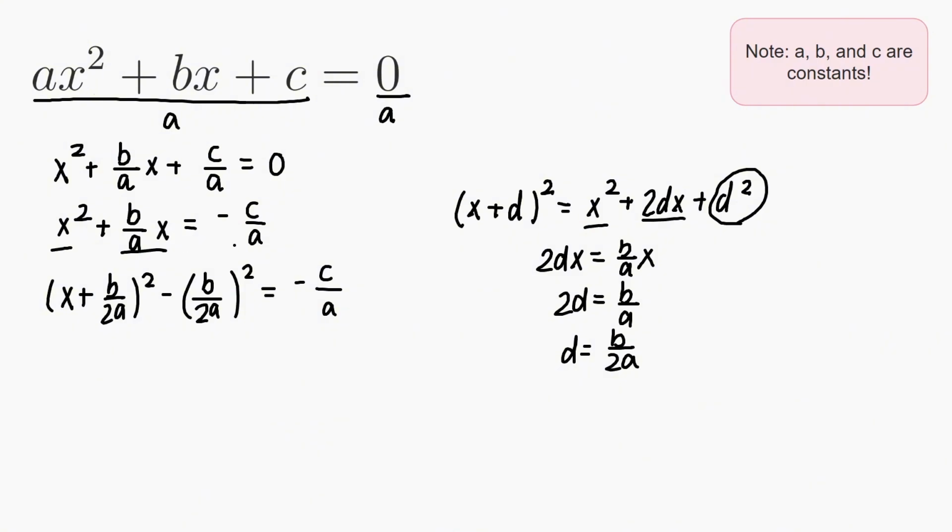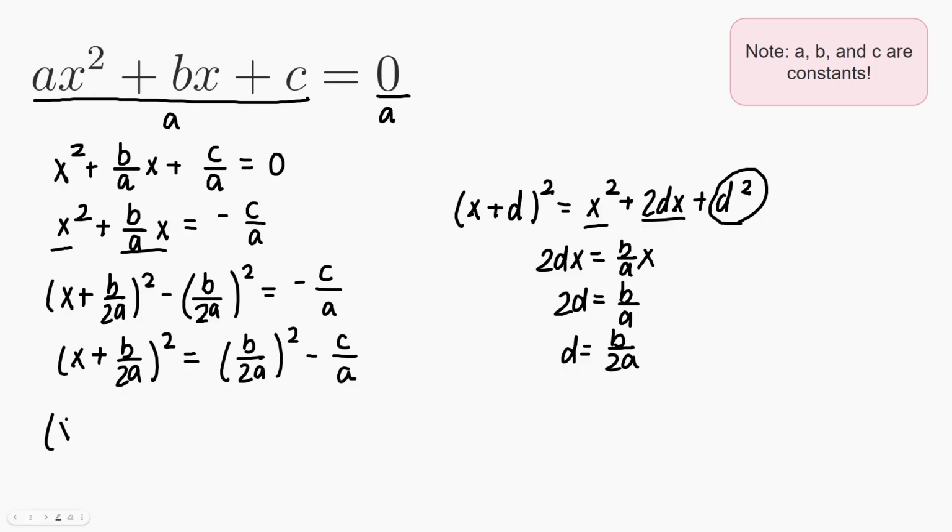So now we want to move this term to the right. This gives us x plus b over 2a squared equals, moving this over, b over 2a squared minus c over a.